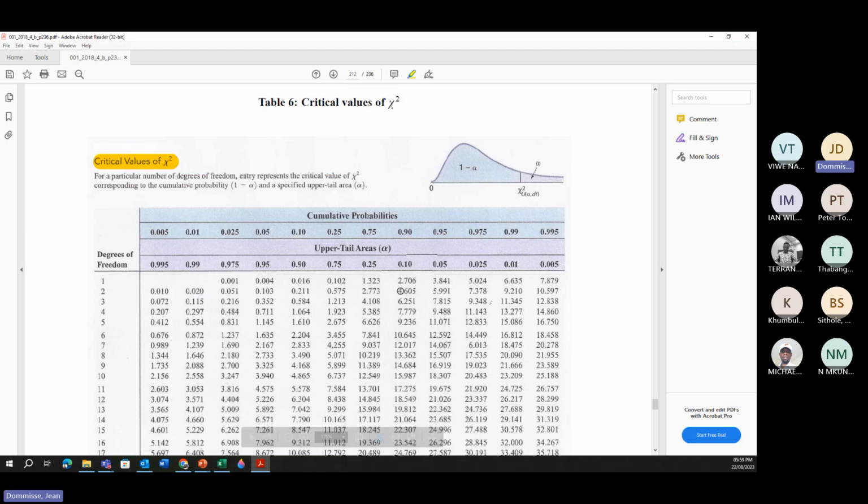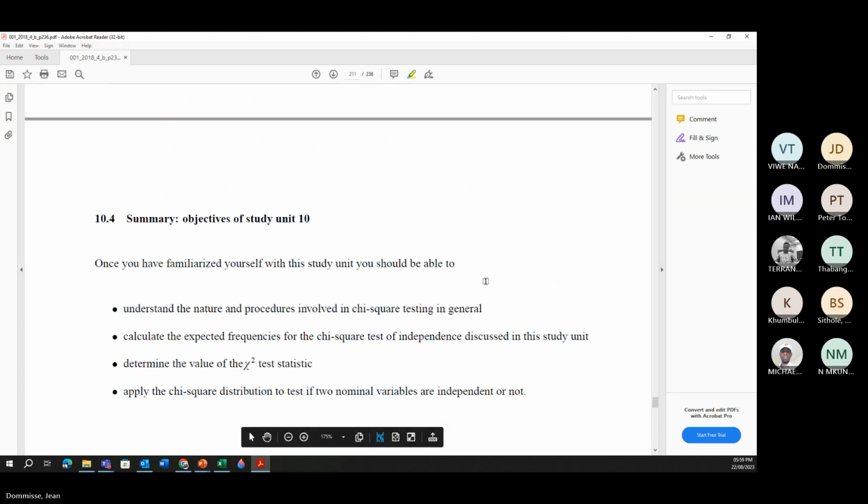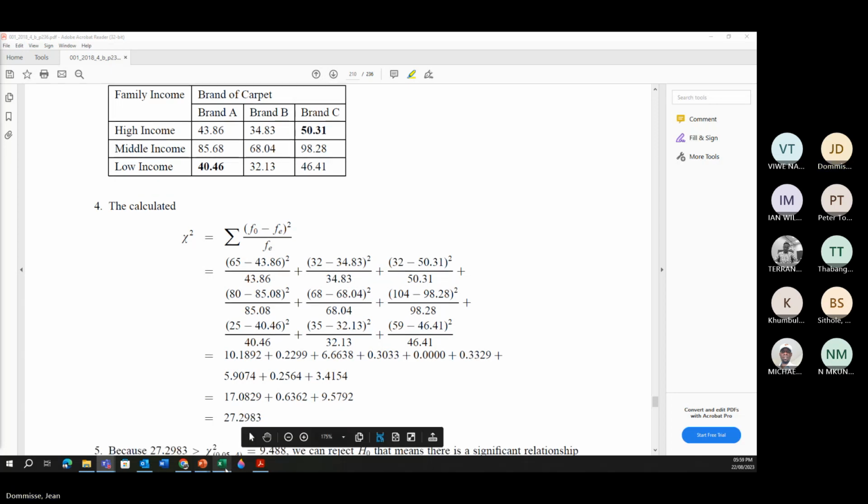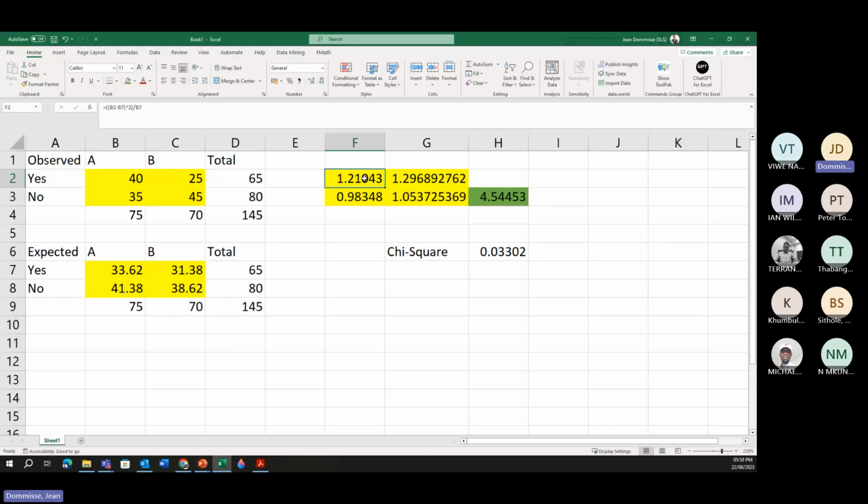And let's just see if the formula was right. So it is definitely observed minus expected squared, that answer divided by expected. So that is right.